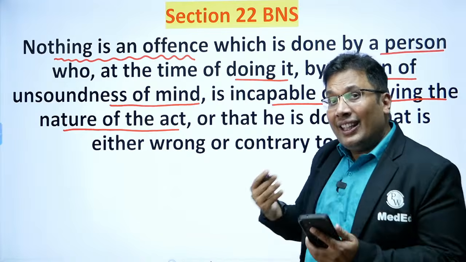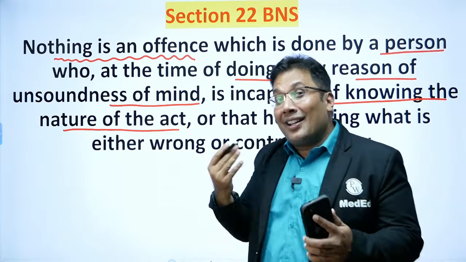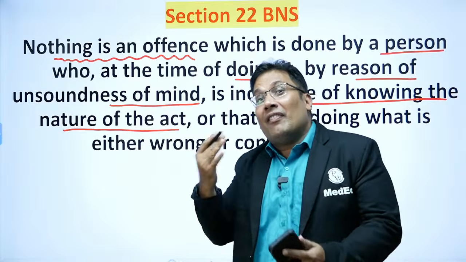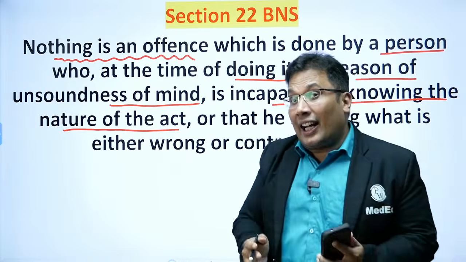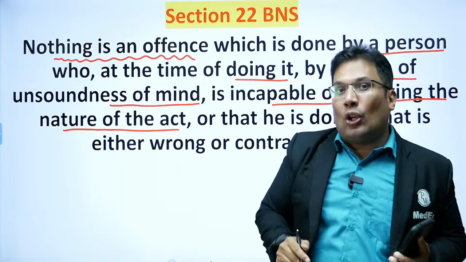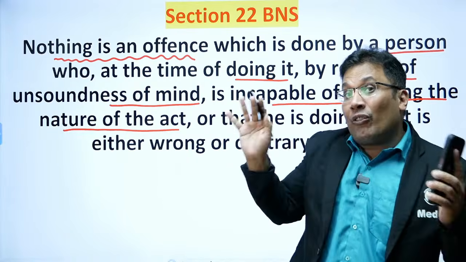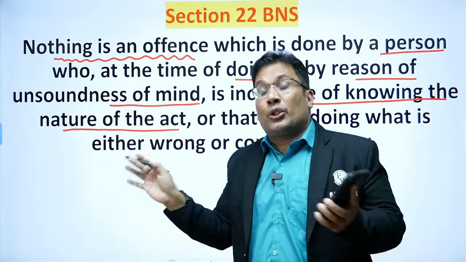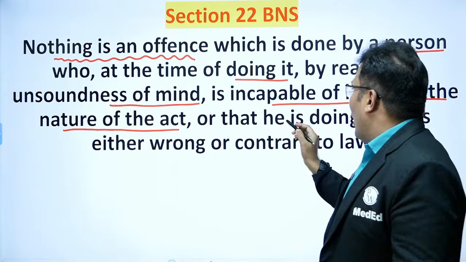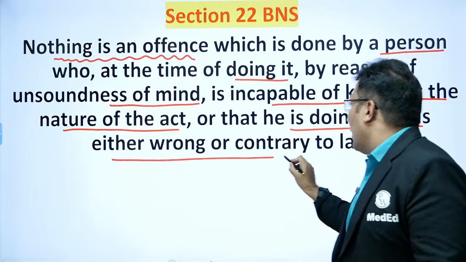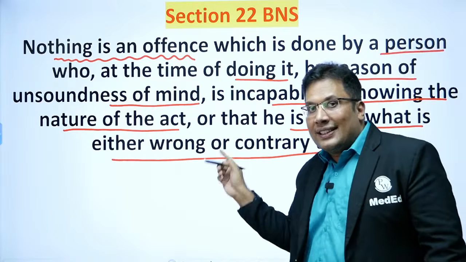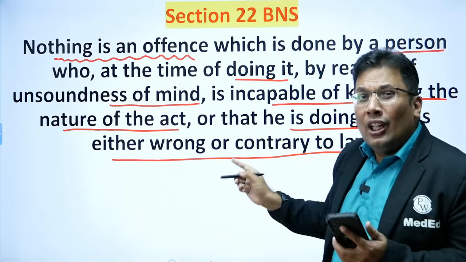So he doesn't have any understanding of the crime. He doesn't have any guilty mind. He has only guilty act, but guilty mind is not there. Planning is not there, so there is no question of revenge here. Or that he is doing what is either wrong or contrary to the law. This is an important line you must know.